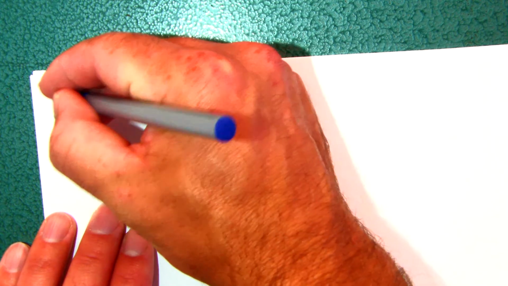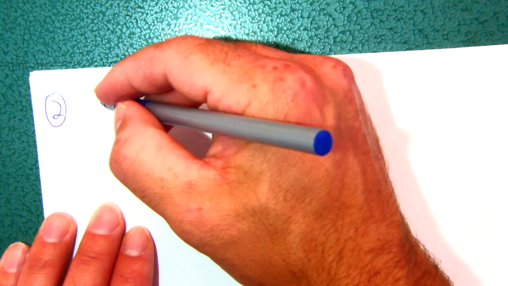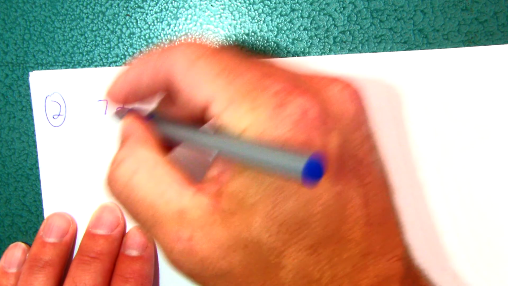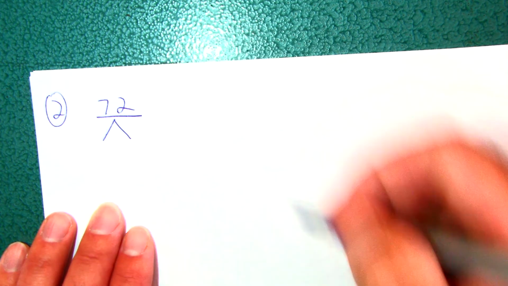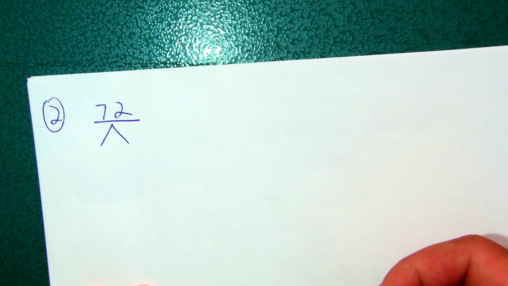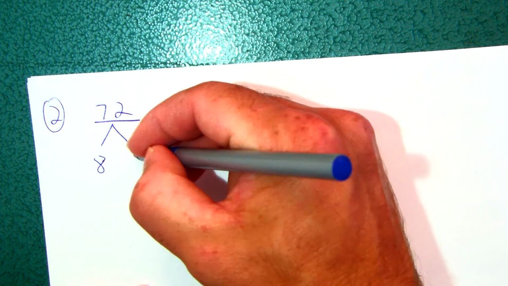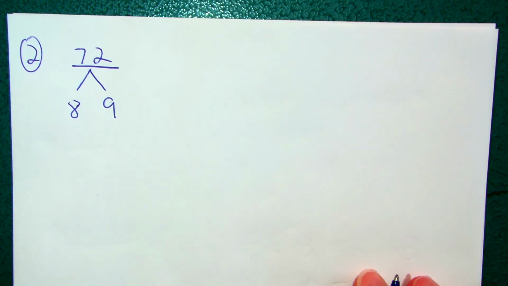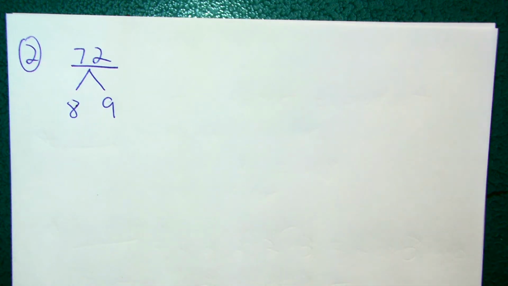Let's do another one of those. Let's go with, how about 72? Again, you can start it out any way you want. If you want to do 8 times 9, that's fine. It doesn't matter how you get started. Just start putting pen to paper. If it's an even number, you can just go 2 and whatever else. Just do 72 divided by 2 and get 36.